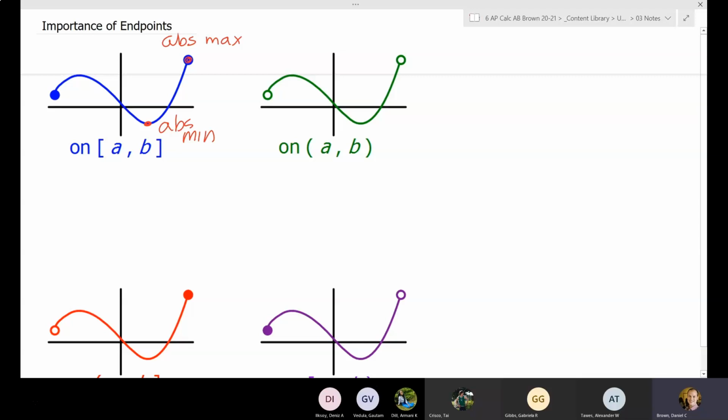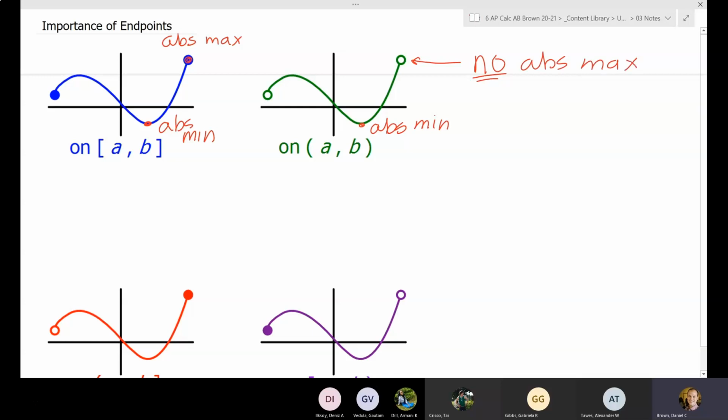Where weird things start happening again is when you have open circles on an interval. In this green graph, it definitely has an absolute minimum. And what's weird, the highest point you see right here is an open circle. So this graph would be considered to have no absolute maximum.